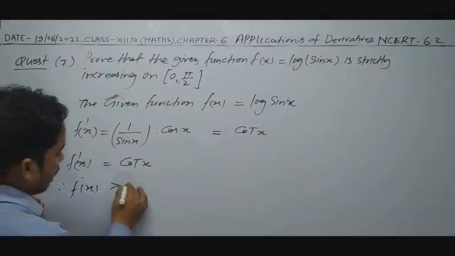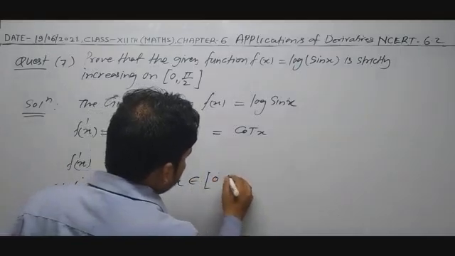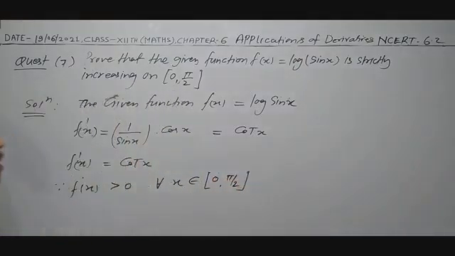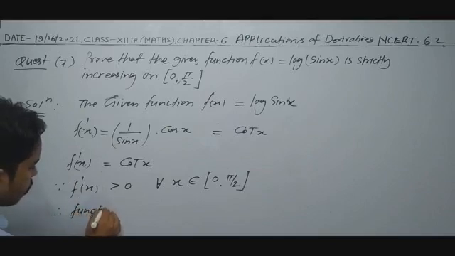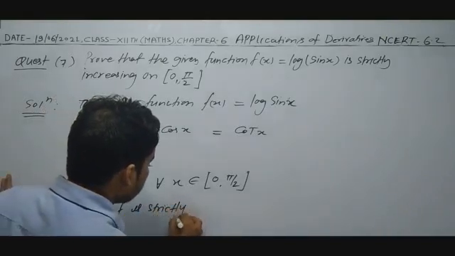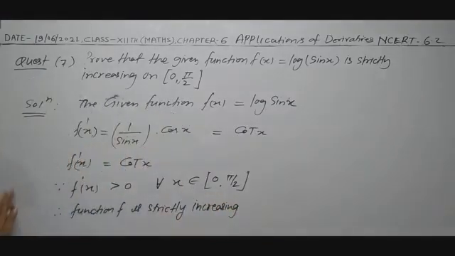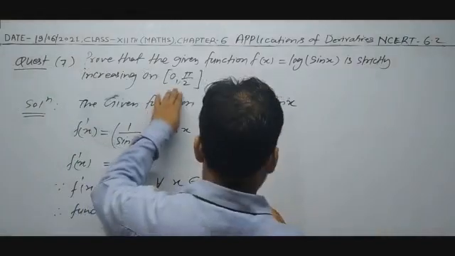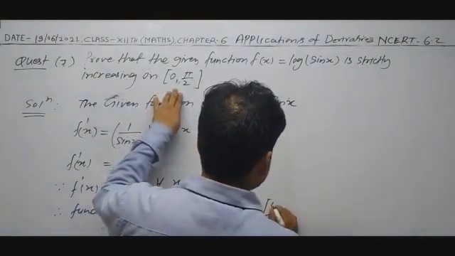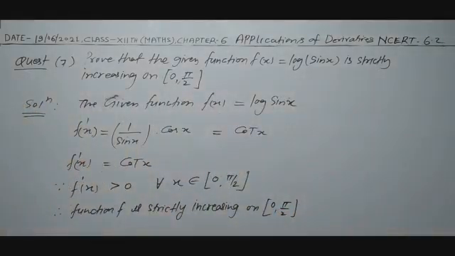Since f dash x is greater than 0 for all x belongs to 0 to pi by 2, therefore function f is strictly increasing on 0 to pi by 2.